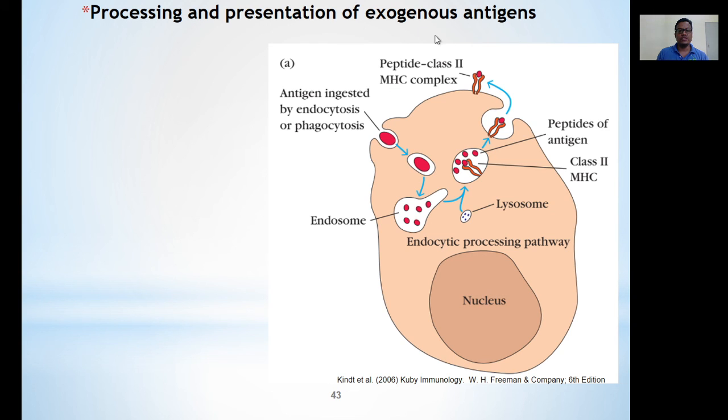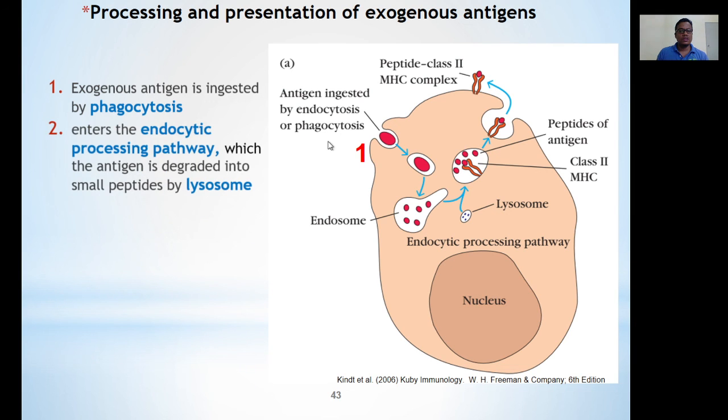Processing and presentation of exogenous antigen in MHC class 2. First, the exogenous antigen is engulfed by the phagocytes through phagocytosis or endocytosis. Phagocytosis is one of the endocytosis processes. Second, it will enter the endocytic processing pathway, in which the antigen is digested or degraded into small peptides by the enzyme lysosome.